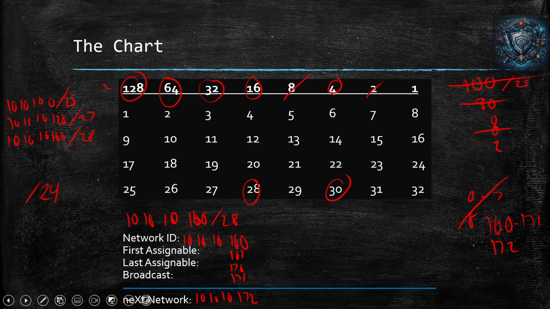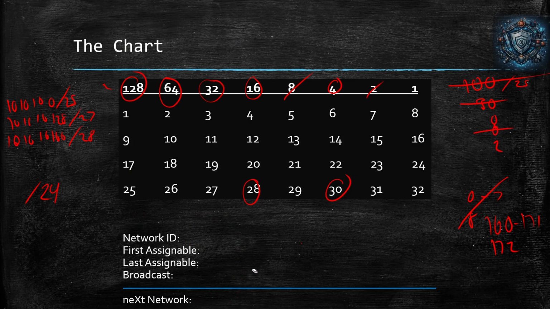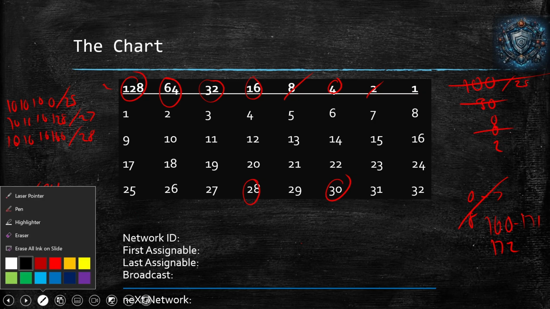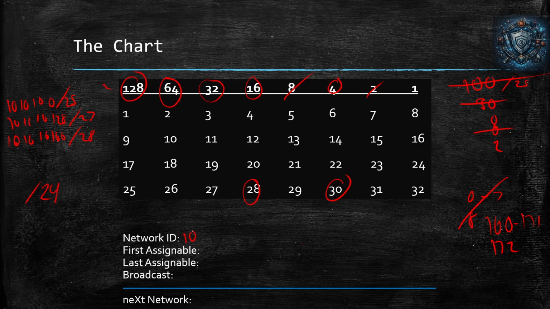Then we will subnet this out: 10.10.10.172 /30. All right, so we have 172, 176, next range 175. So our first assignable is 173.